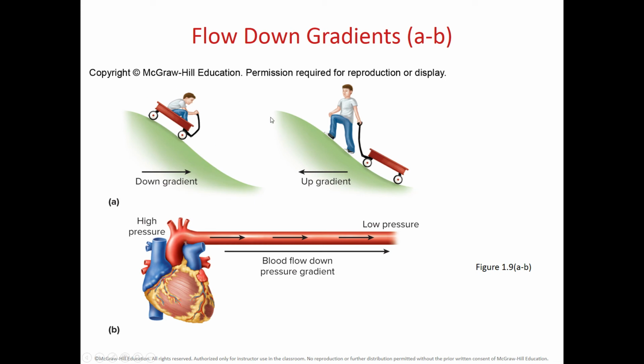And when you go uphill, you go from less to more. You have an up gradient. You use energy. And here for the blood flow, your blood will flow from an area of high pressure close to the heart to an area of low pressure away from the heart. So the blood will flow down pressure or down their concentration.